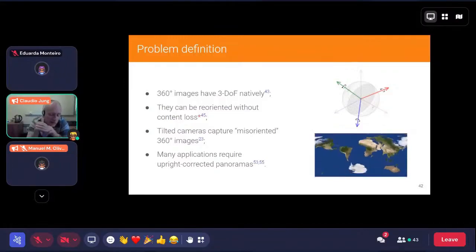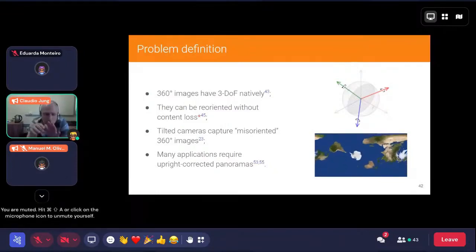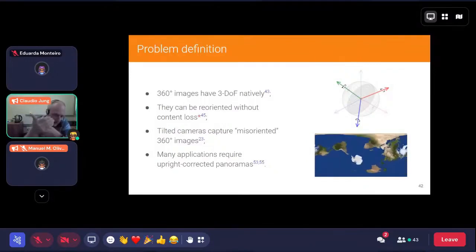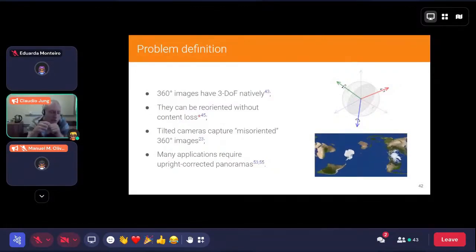In practical applications, this is not true, because when you have any kind of representation, so I'll assume that the ERP is the default representation here, as we are seeing here, since you have sampling issues and the poles are much more densely sampled than the equator line, if you rotate an image so that the equator turns into the pole and vice versa, some regions are going to be upsampled and other regions are going to be downsampled. So there are some interpolation issues that must also be taken into account when rotating a panorama.